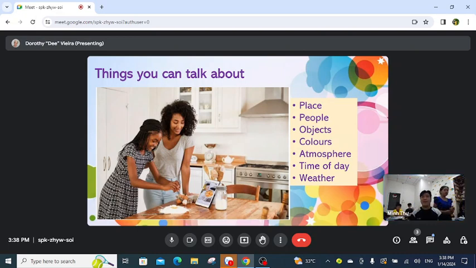Okay, you ready, Baron? Yes teacher D. 1, 2, let's go. In this picture, there are two girls are breaking the egg, and they have some flour and eggs, a tablet with a recipe on the table.